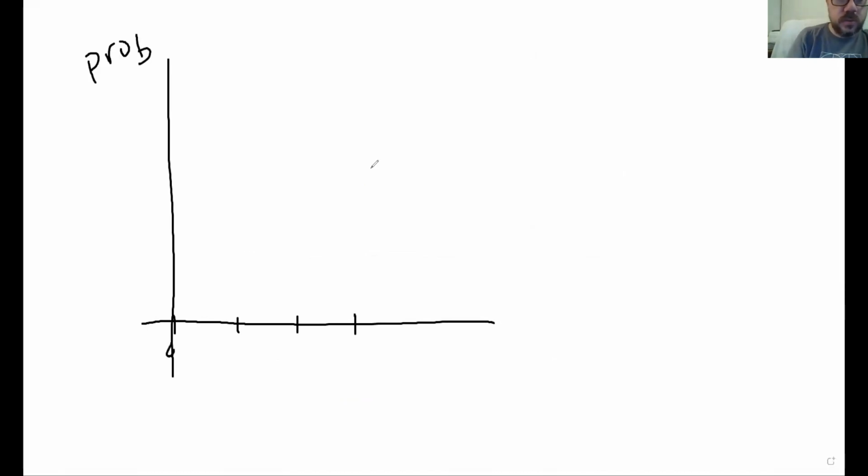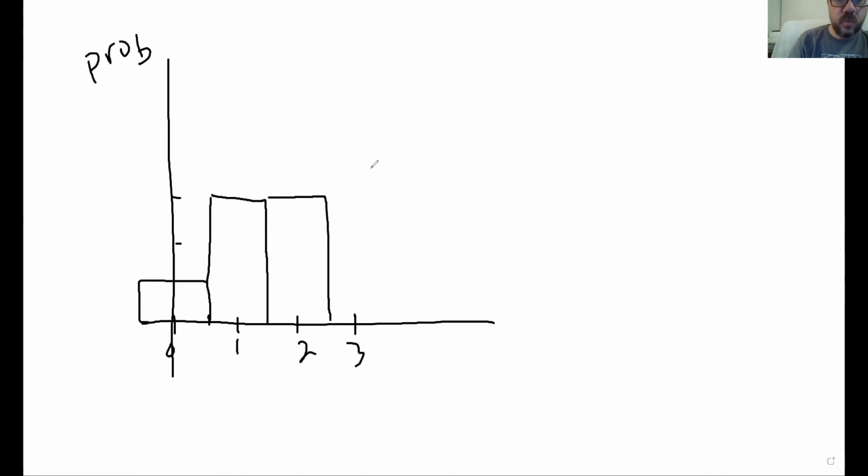If we're flipping a coin, we're going to get probability of 1/8 of getting 0 heads, 3/8 of getting 1 heads, 3/8 of getting 2 heads, and 1/8 of getting 3 heads.